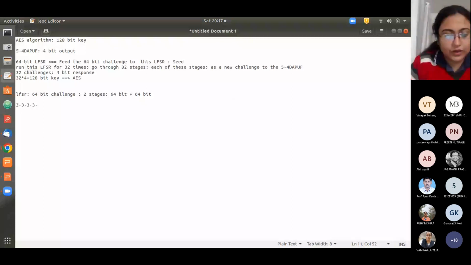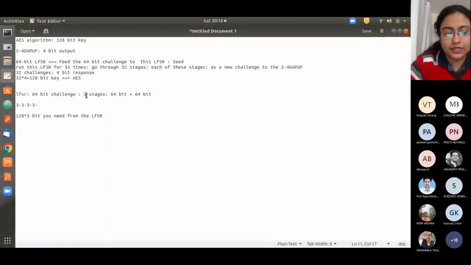You need a 128-bit response if it is AES-128. So for that, you need 128 into 3 bits from the LFSR. I think you have to run it for 64-bit plus 64-bit, 6 times.